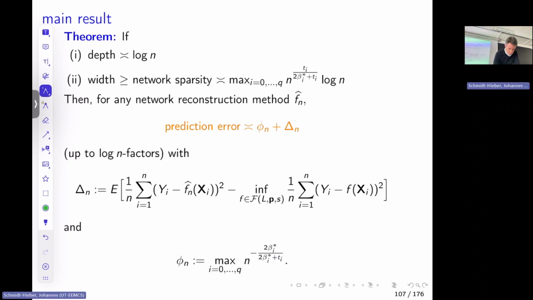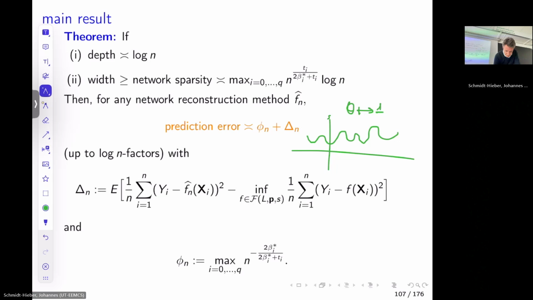Basically, on Friday we also talked about this energy landscape. So we can think about the map theta maps to f to the risk. And here we take least squares loss.